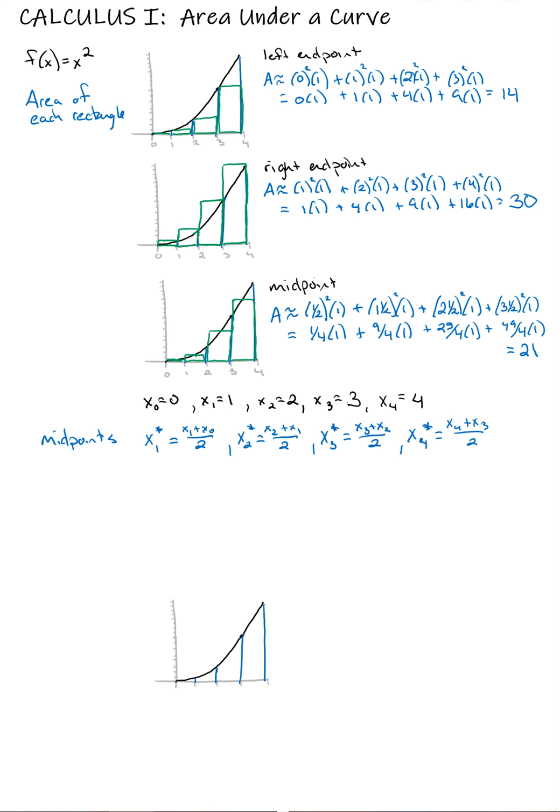We could actually compute these. We end up with 1/2 for x1 star, 3/2 for x2 star, x3 star is 5/2, and x4 star is 7/2.